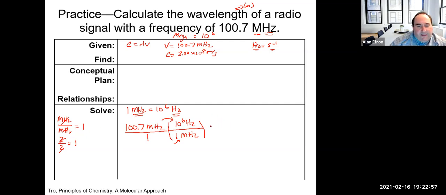If we multiply that out, we end up with 1.007 times 10 to the 8 hertz. With that relationship that hertz is the same as a reciprocal second, we have 1.007 times 10 to the 8 reciprocal seconds. Any questions up to that point?